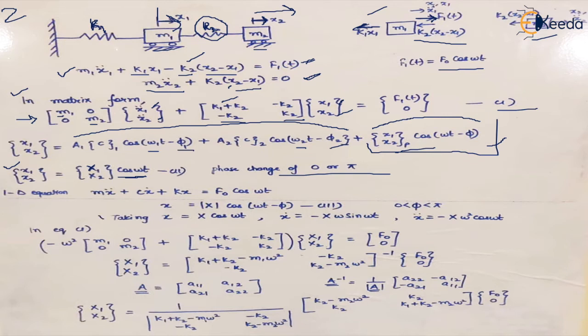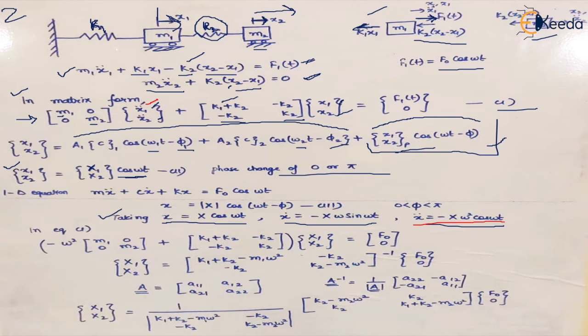Now we know that if x is X cos omega t, the velocity is minus X omega sin omega t, and acceleration is minus X omega square cos omega t. Now we go back to our matrix equation. This factor is the acceleration factor, that means we are concerned with this form of equation.